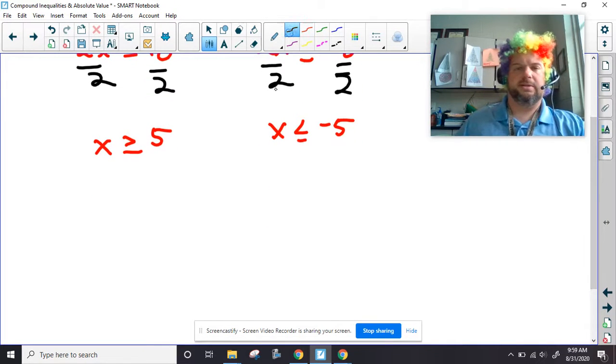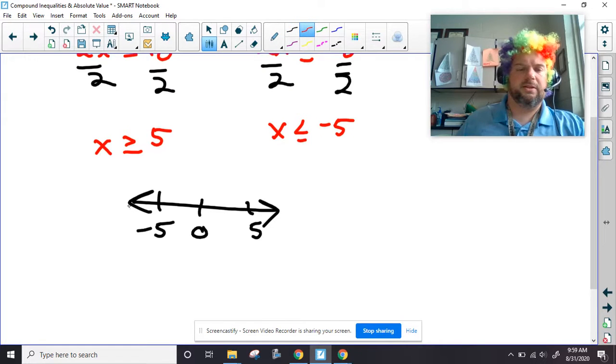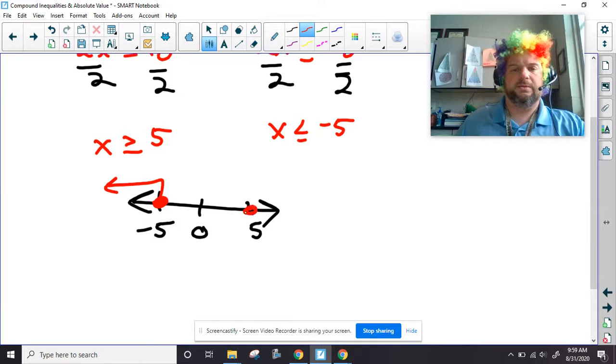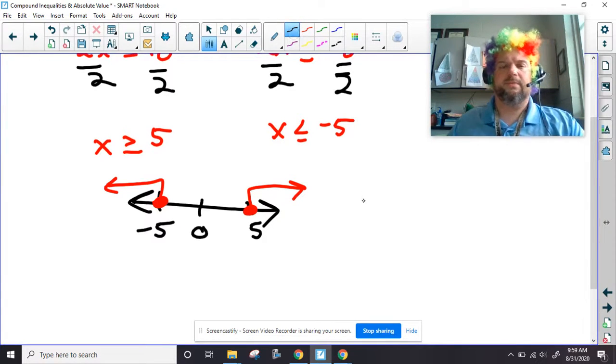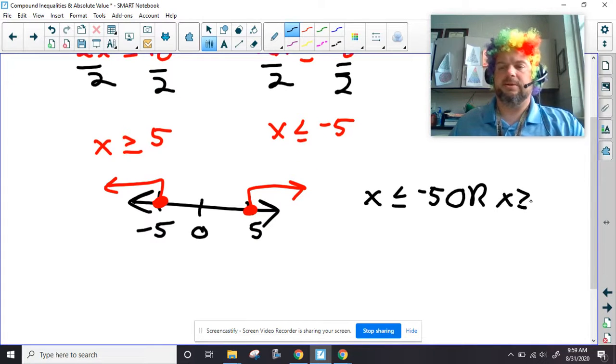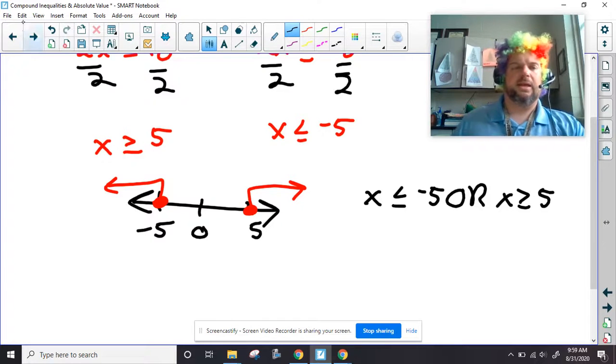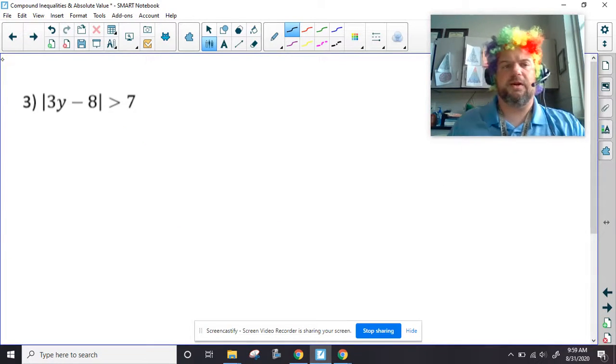On the number line, -5, zero is right here. Now these have closed circles and a closed circle up and over. So this would be x is less than or equal to -5, or x is greater than or equal to 5.